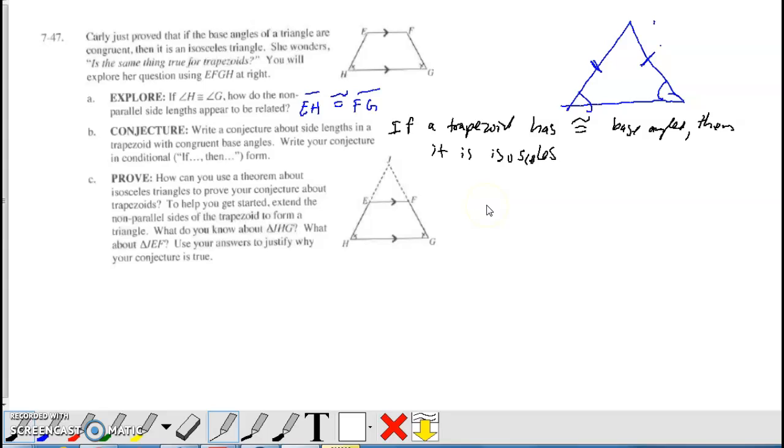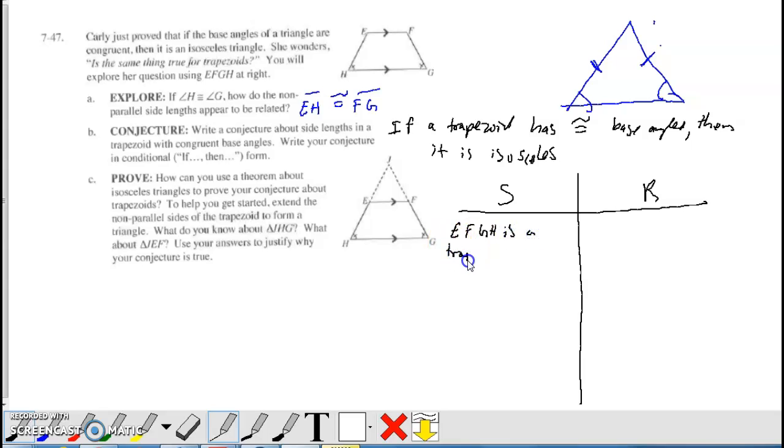Okay, so let's see what we know. Let's write some statements out. So statements and reasons. All right, so let's start off with the most logical one. You should have started off with EFGH is a trapezoid. Right, that's the first one because we gave it to you, it was given information.